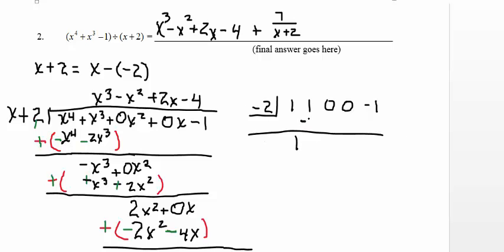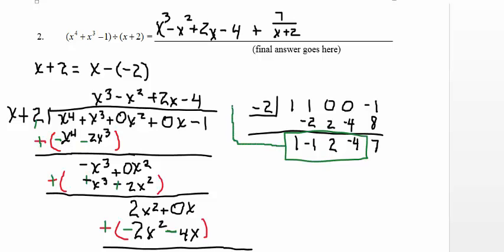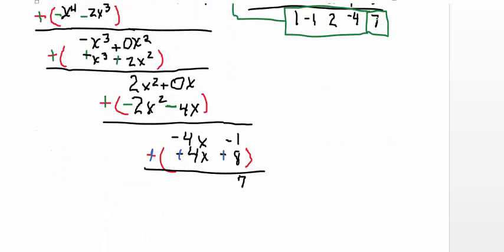Bring down the 1, negative 2 times 1 is negative 2, plus 1 is negative 1, negative 2 times negative 1 is 2, plus 0 is 2, 2 times negative 2 is negative 4, plus 0 is negative 4, negative 4 times negative 2 is 8, 8 plus negative 1 is 7. So notice how these first three numbers are the coefficients of my quotient. The last number is my remainder.